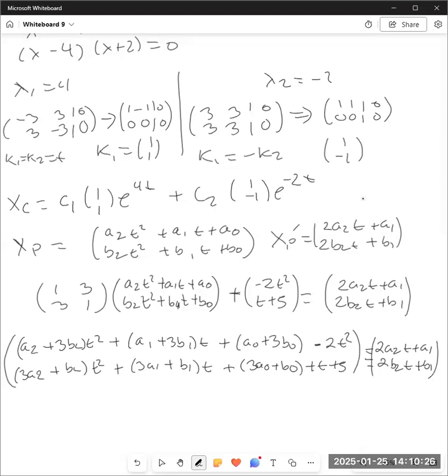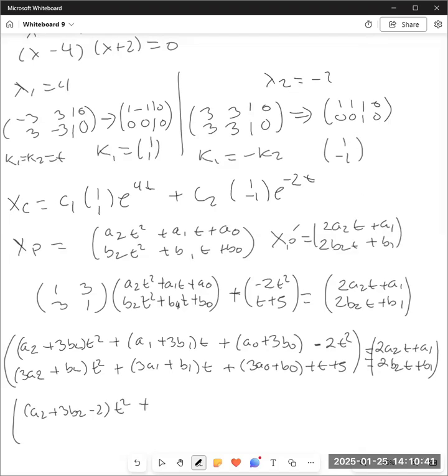All right, so the t squared term can combine over here, making this a2 plus 3b2 minus 2 t squared.